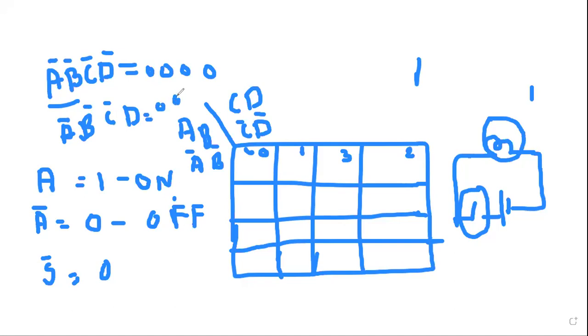Three of the terms will be 0, and the last term will be 1. So what can be the value in this term? Anyone can guess what will be here?